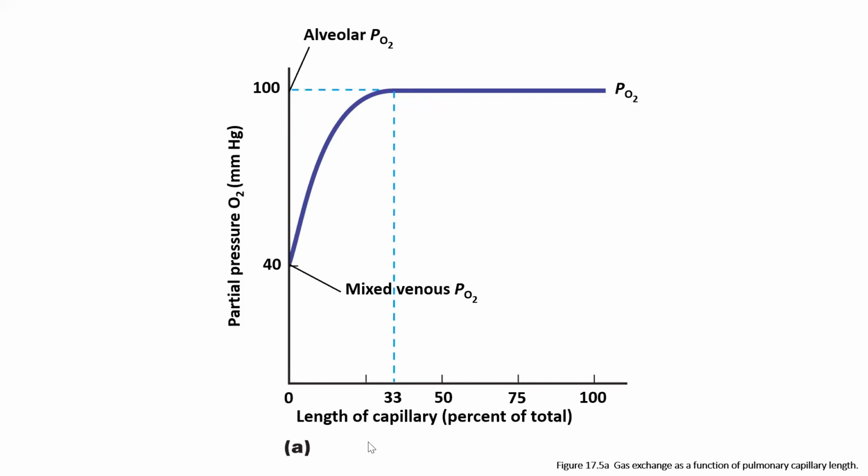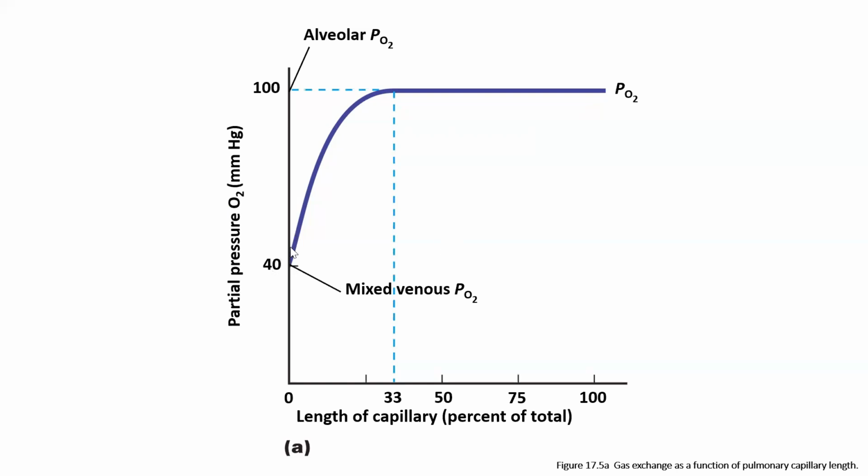We go from the proximal part of that capillary all the way down to the very distal end, being 100, and we're comparing that to the partial pressure of oxygen here on the Y. Basically, we start at 40, which is the presence of our mixed venous blood. So that mixed venous partial pressure of oxygen is about 40 millimeters of mercury. And by the time we get a third of the length of the entire capillary, all of the oxygen has been loaded into the blood, okay?